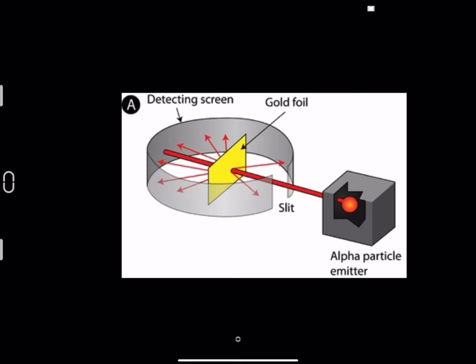Okay, so when we look at the gold leaf experiment, or the scattering experiment, in more detail, what we need to be able to do is explain the experimental data in terms of what was found and how that proves, or indicates more favorably, the nuclear model that we have today.